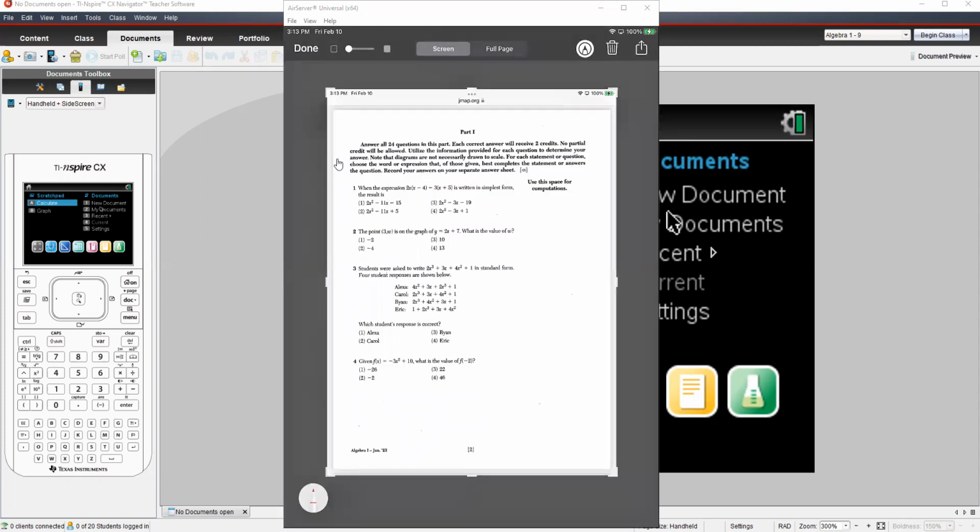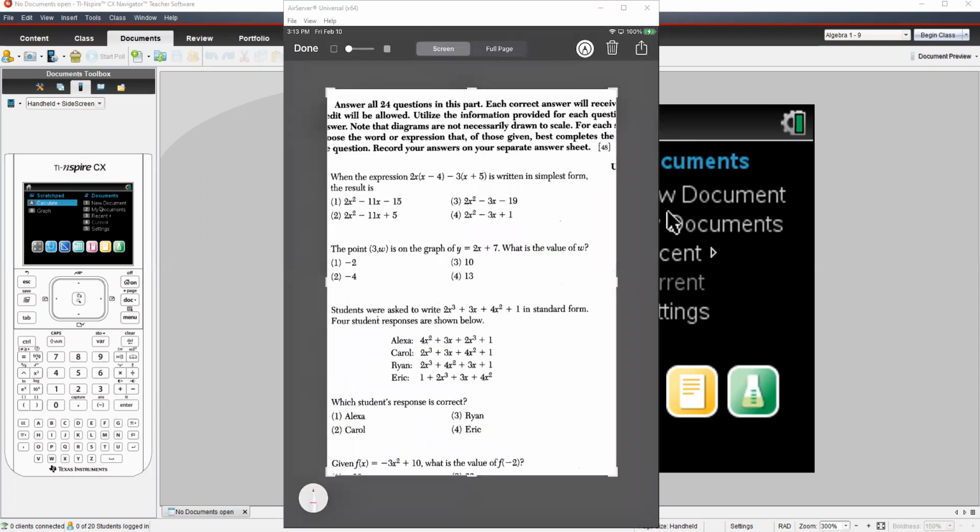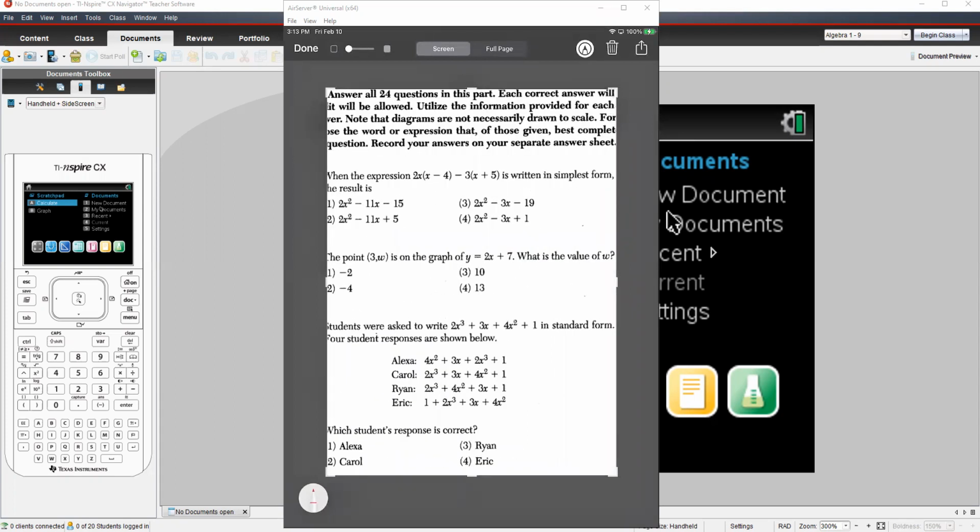What I'm doing here is multiplying 2x times x. So that's going to be 2x squared. And then 2x times a negative 4, that's going to be a negative 8x. And then over here, this is going to be a negative 3 times x. So that's going to be a negative 3x. And then a negative 3 times 5, and that's going to be a negative 15.